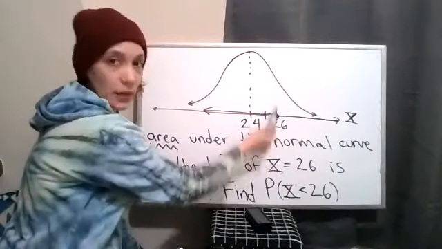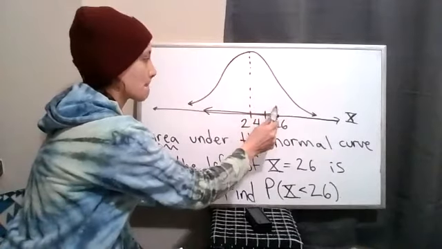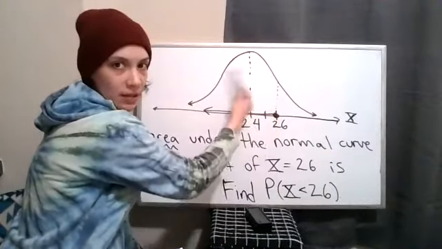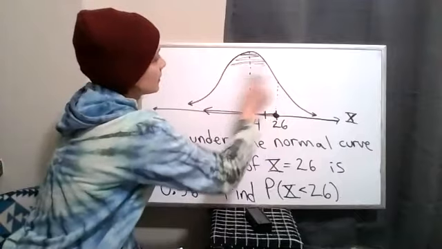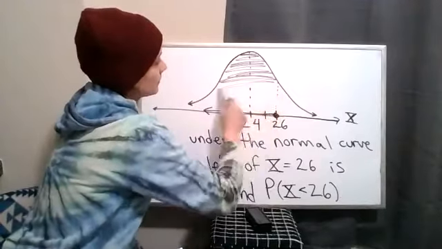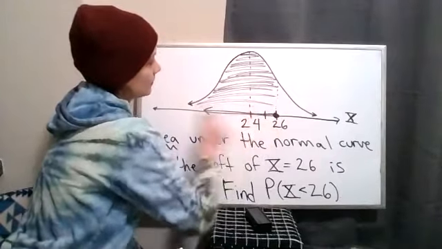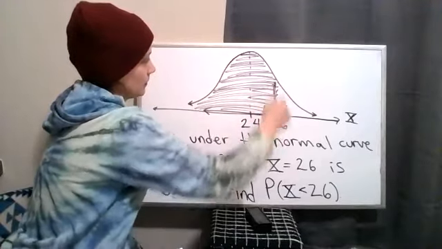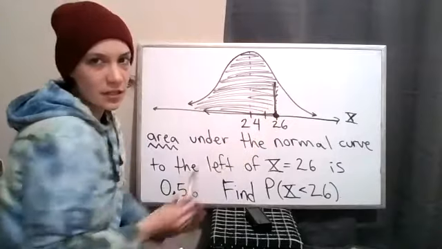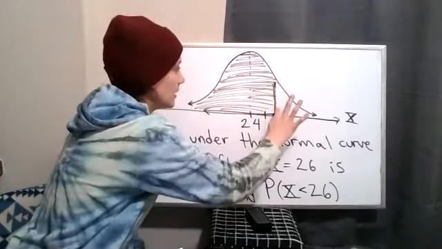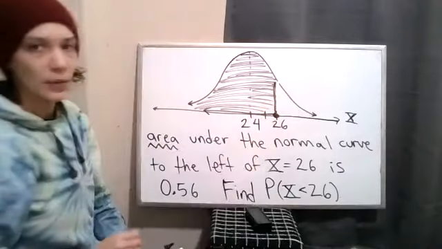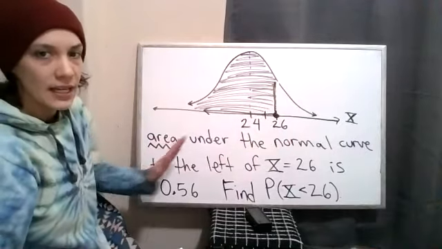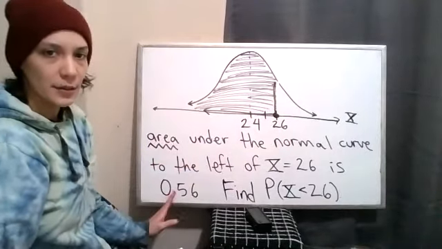From that number, go straight up to the curve and then shade in all of the area. It can be dots or solid. It doesn't change the area really. It stays the same either way. Okay, and that is 0.56.